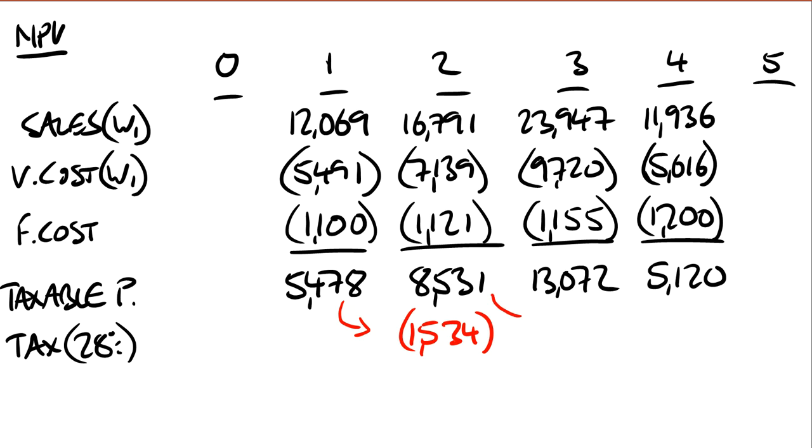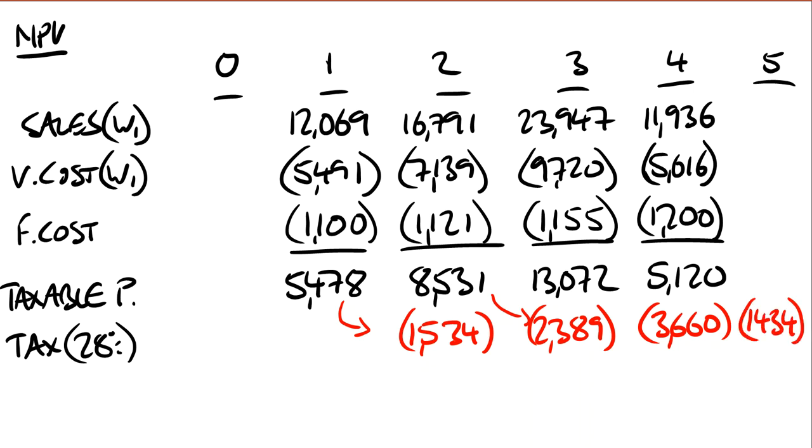Then again for the following year, 28%, 2389. And so on, gives us 3660. And lastly, 1434. And that's paid in year 5 because it's paid 1 year in arrears.